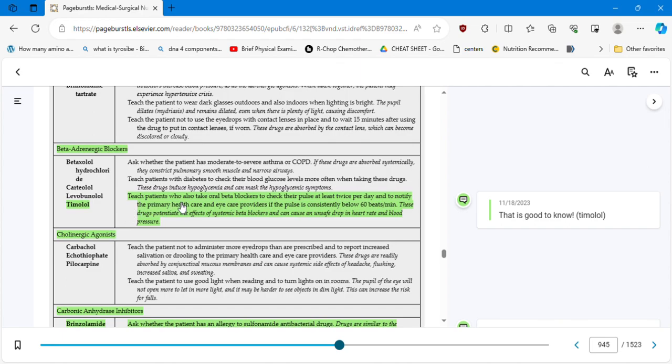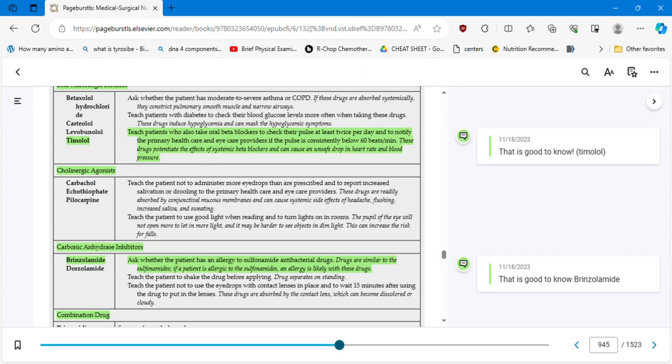Teach patients who also take oral beta blockers to check their pulse at least once per day and to notify the primary healthcare provider and eye care providers if the pulse is consistently below 60 beats per minute. These drugs potentiate the effect of systemic beta blockers that can cause an unsafe drop in heart rate and blood pressure. So that's good to know. I'm gonna test you on that.